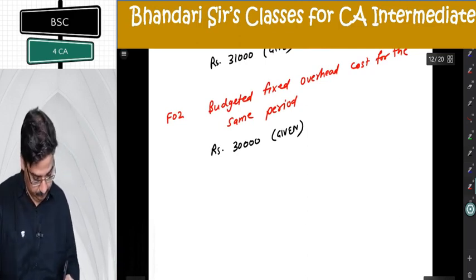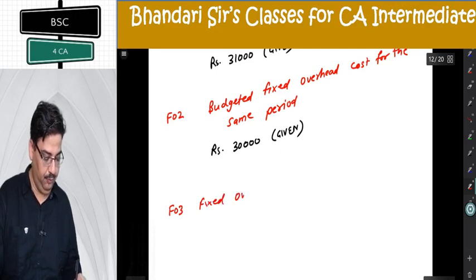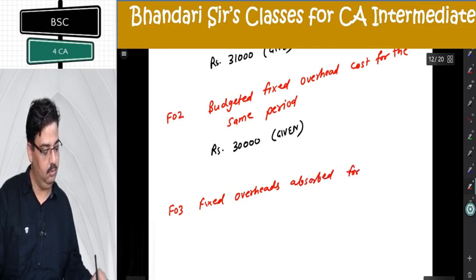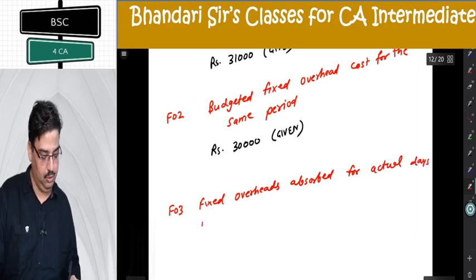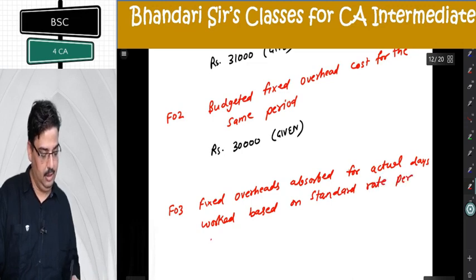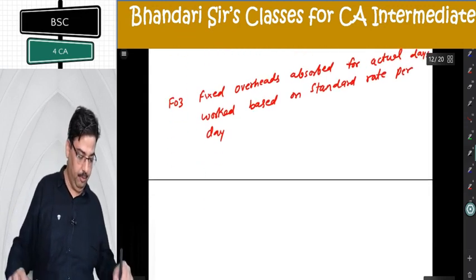FO3. Fixed overheads absorbed for actual days worked based on standard rate per day. How did we compute that?